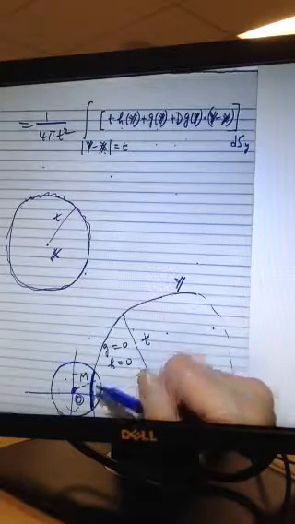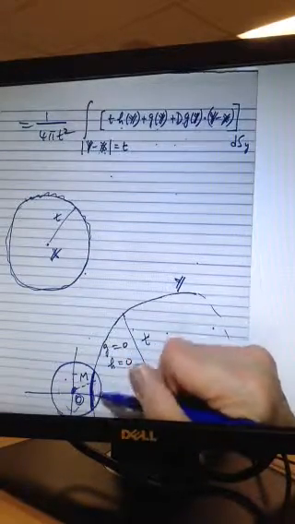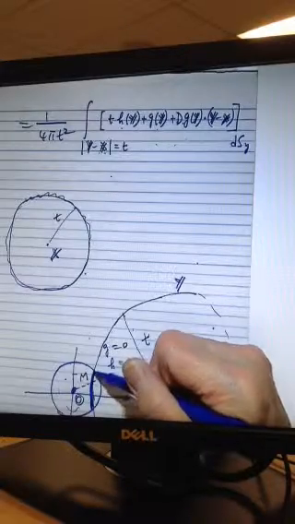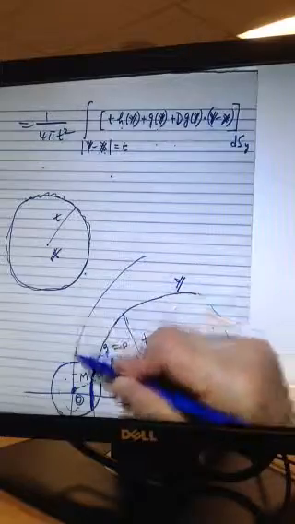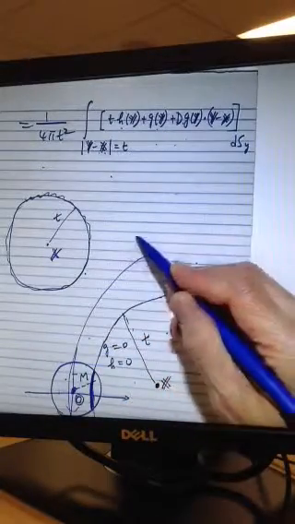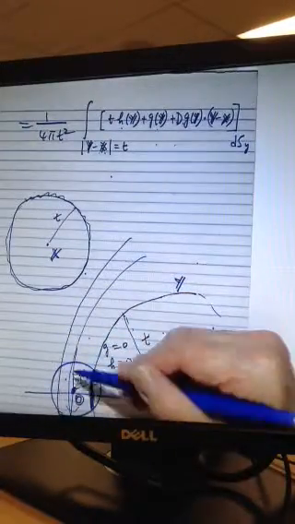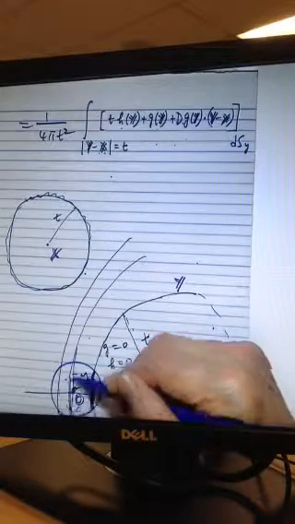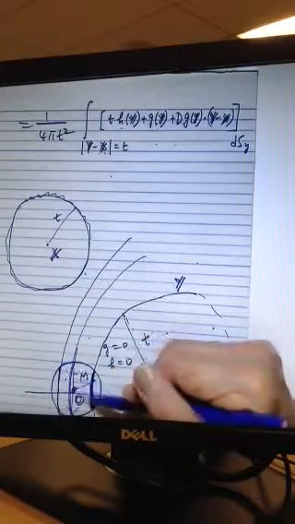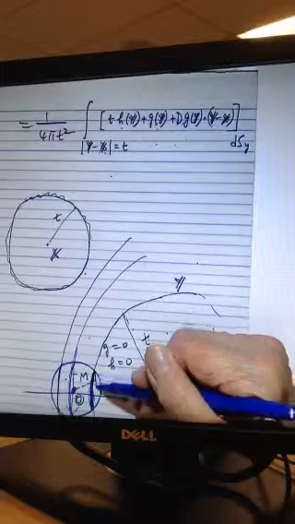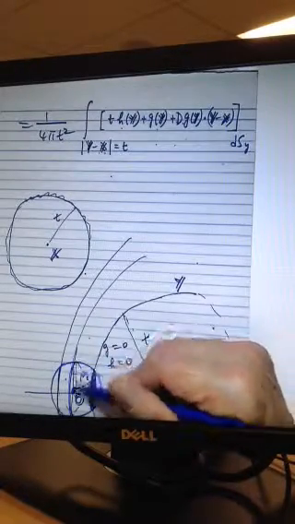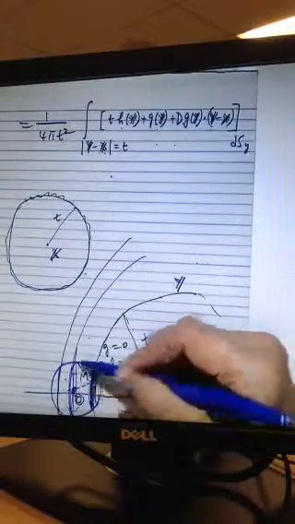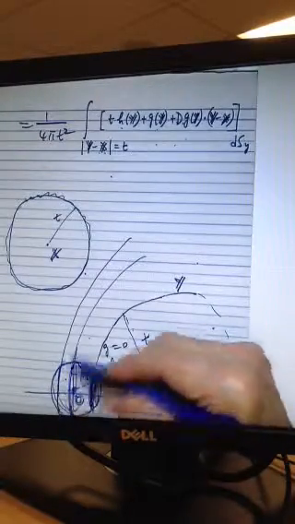When t expands, it could be like this, and then t expands, it could be like this. But no matter how it intersects, the surface area that this ball intersects is no bigger than the surface area of this ball.